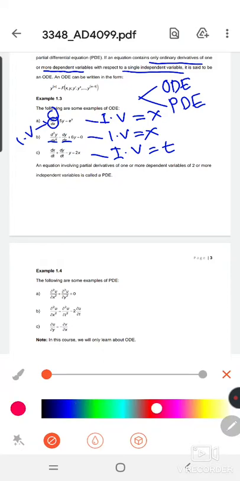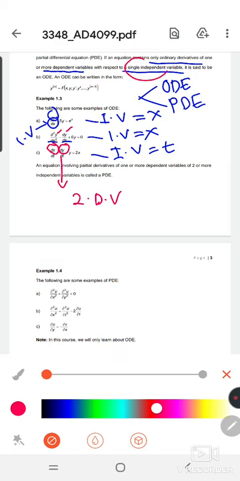Contohnya kat sini, yang atas ni cuma y, so just one dependent variable. But this one we have x, we also have y. Nampak tak kat situ? So kat sini kita ada two dependent variables. So dia still lagi ordinary differential equation, because they have two dependent variables but just a single independent variable.